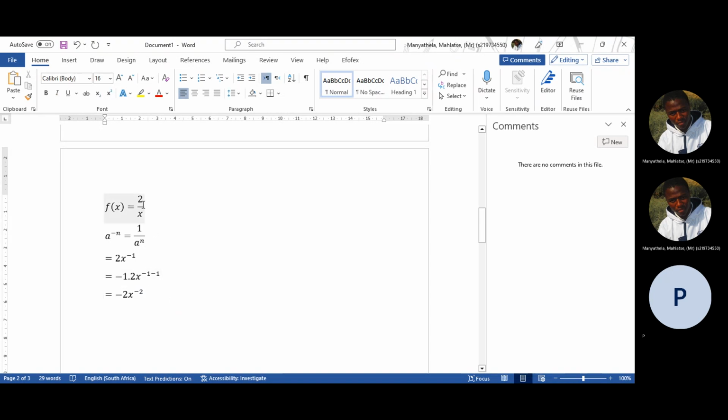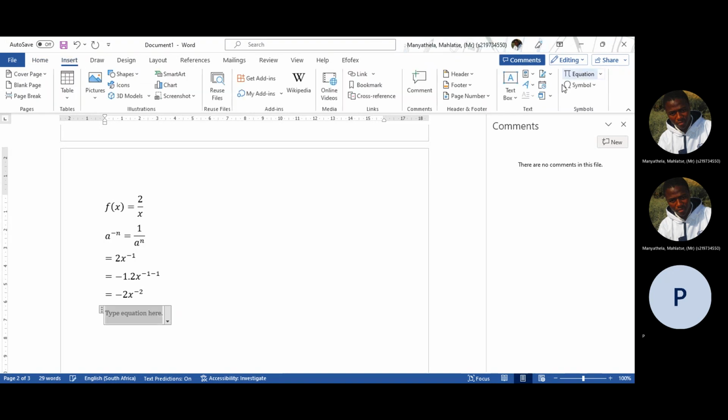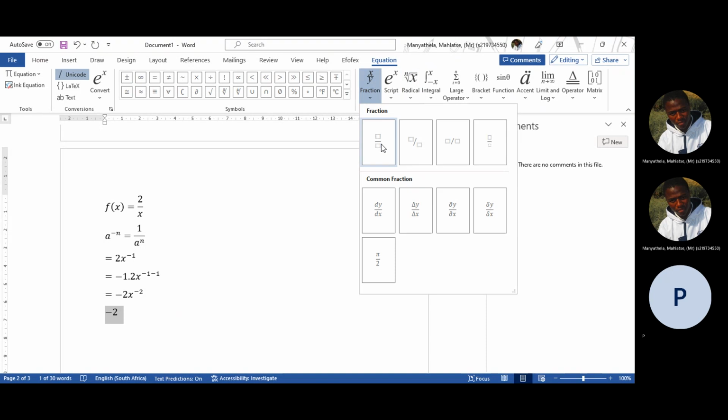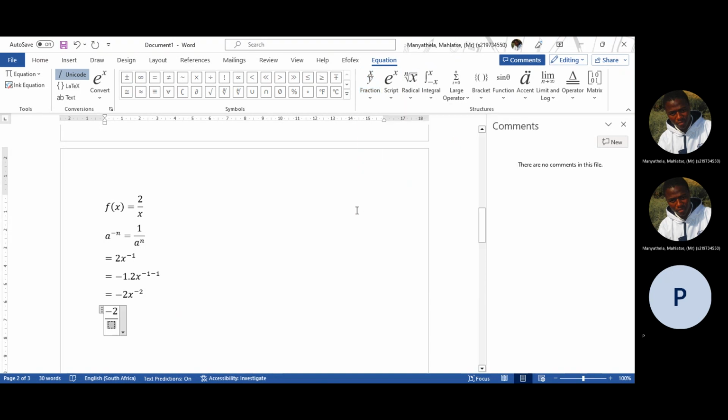Because you were given this as a positive exponent, it is always advisable to write it as a positive exponent in your final answer. This is your answer. But to write it as a positive exponent, we are going to take it back to how it was, 1 over a to the n. So if you're going to write it as a positive exponent, it will be negative 2 over x squared.